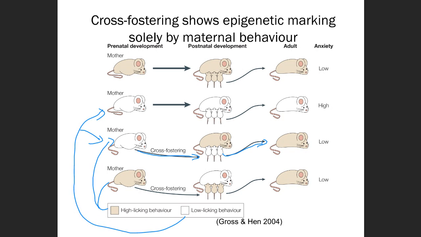Interestingly, if you take pups from a high licking and grooming mom and cross-foster them to a low licking and grooming mom, they can actually maintain the low anxiety phenotype, which suggests that something that's going on in the uterus can provide some kind of buffer.